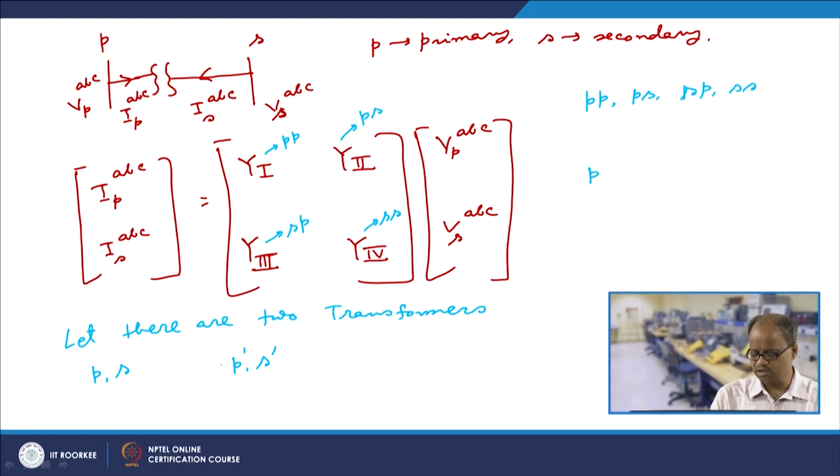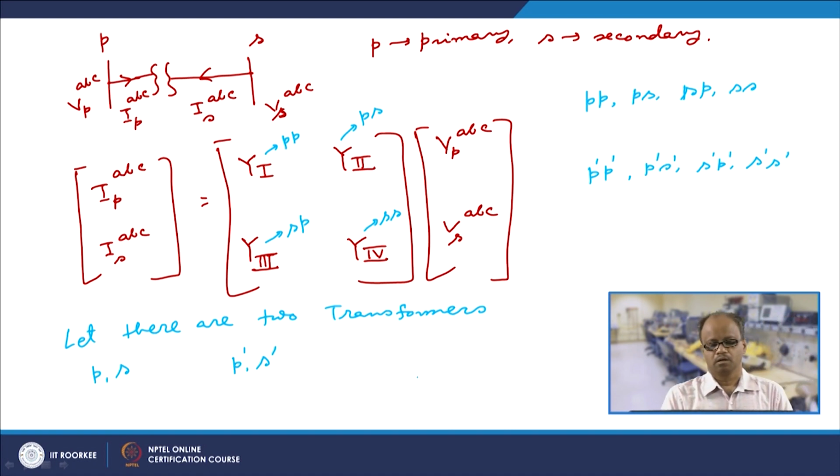For the other transformer we would add its sub matrices at the locations P dash P dash, P dash S dash, S dash P dash and S dash S dash. And the same procedure would be followed even if there are hundreds of transformers.